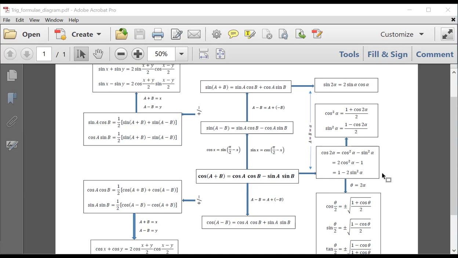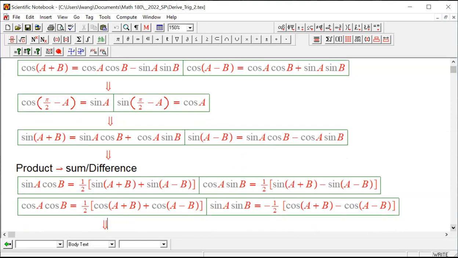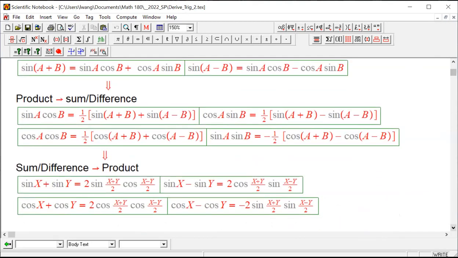And so first we're going to work on this piece, starting with sine 2 alpha. So we're going to follow these directions. Let's get to that form. We already have all of these formulas, right? We have put them all together like this so far.